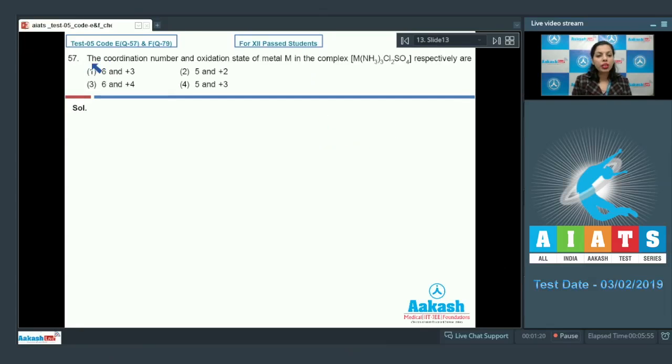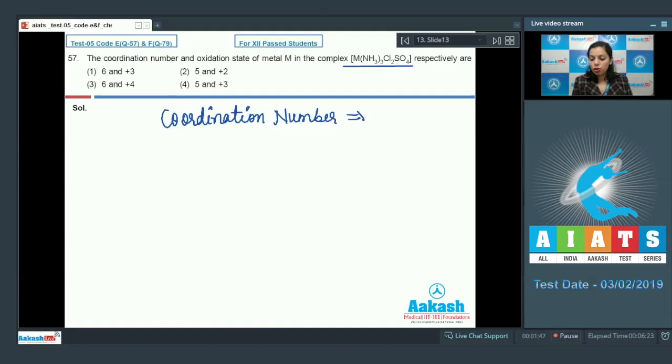Question number 57. We have the coordination number and the oxidation number of metal M in the complex respectively are. The complex is given here, and in this complex we need to just find out the coordination number as well as the oxidation number. So if we talk about the coordination number, we need to just find out the total number of the donation sites.